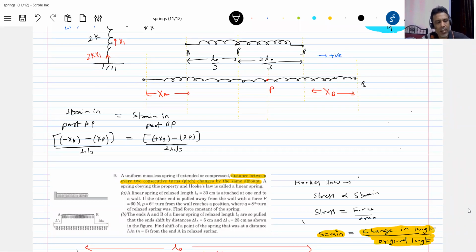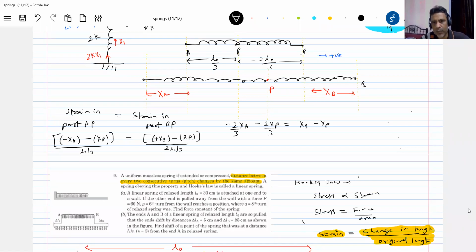Anybody get a value? L0 by 3 gets cancelled, so this will be minus 2XA, minus 2XB, 2 by 3, no? So 2 by 3 equal to XB minus XP.